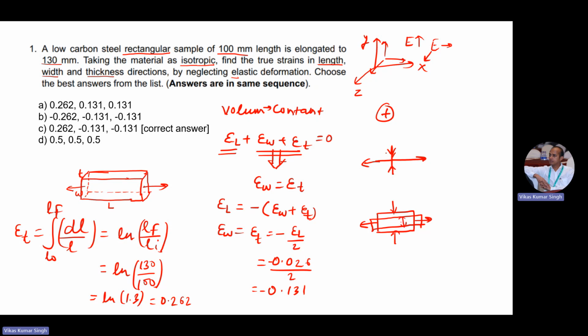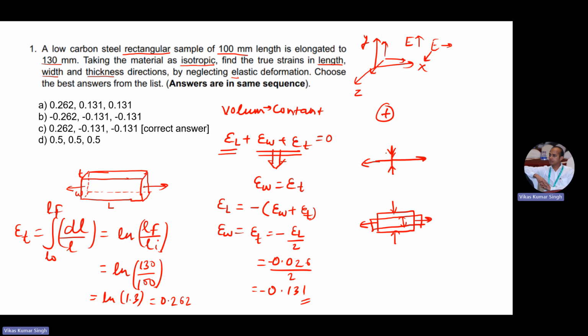So in this direction the strain is negative and in this direction the strain is positive. So the minus sign means in the thickness and width directions, the thickness and width are decreasing and the length is increasing. This is nothing but volume consistency, meaning whatever change in dimension there is in one direction, the other direction will compensate for it.